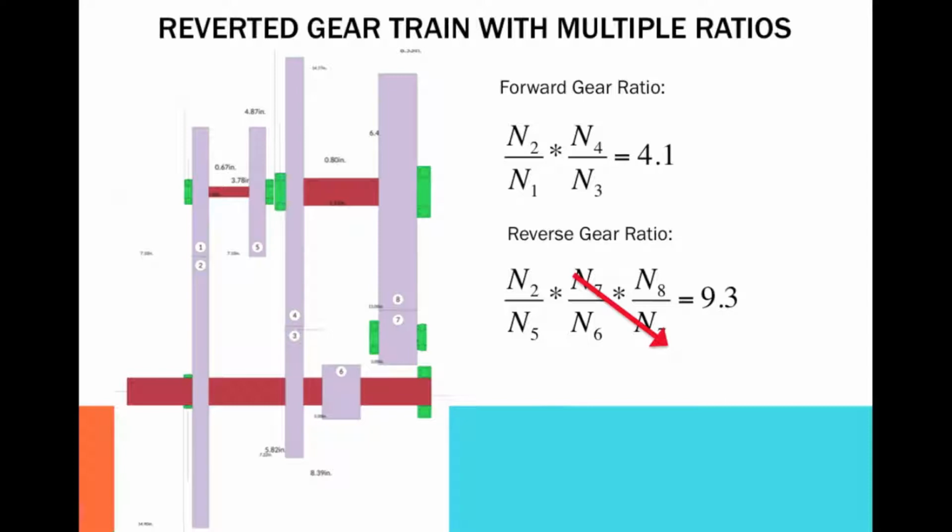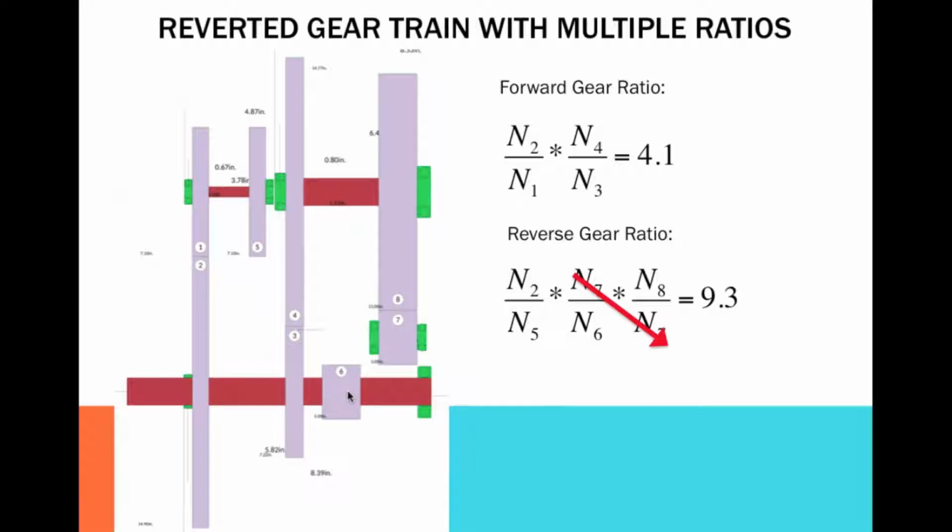So basically, look here. Diameter 1 plus diameter 2 divided by 2 has to be equal to diameter 5 plus diameter 2 divided by 2, which has to be equal to diameter 4 plus diameter 3 divided by 2. You get the point, but on this one with the idler, it's a little bit different.